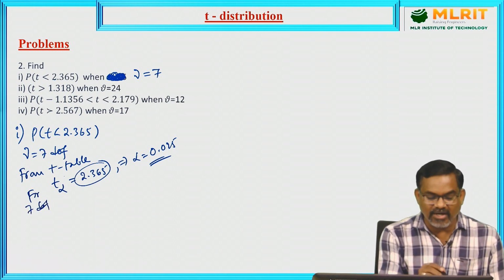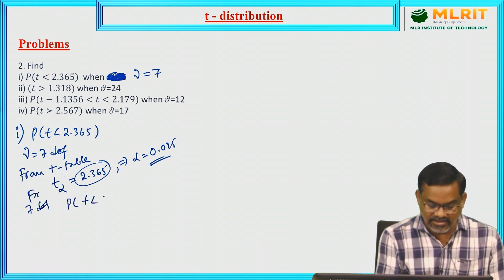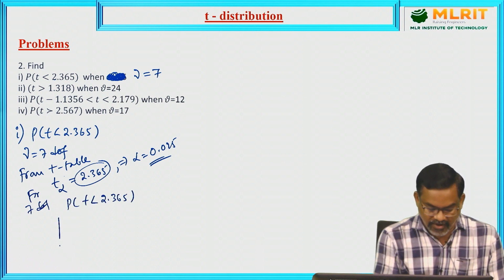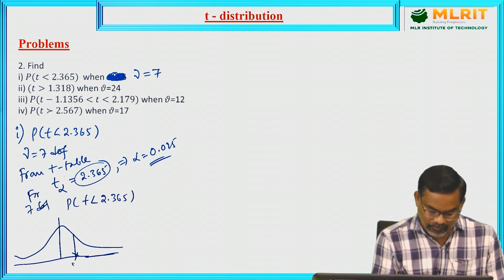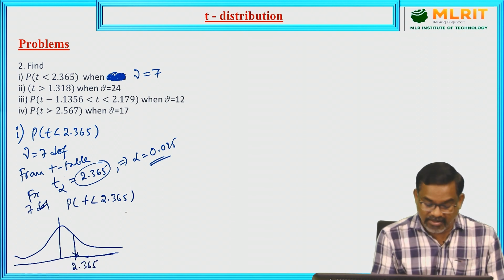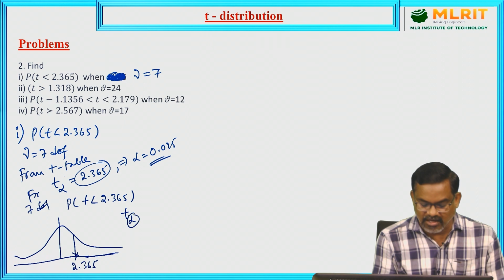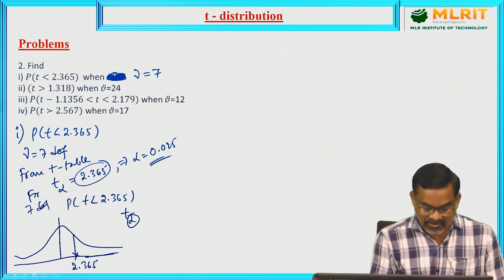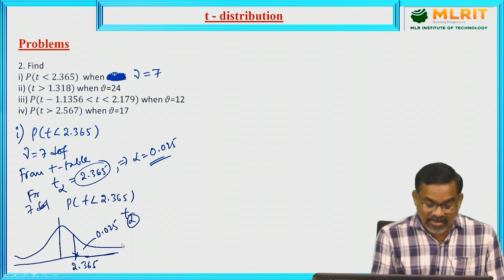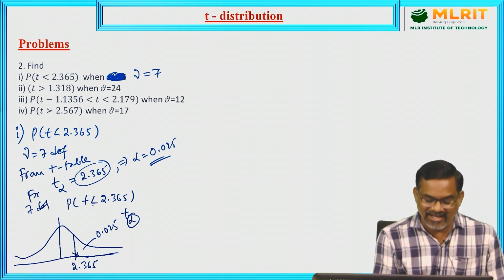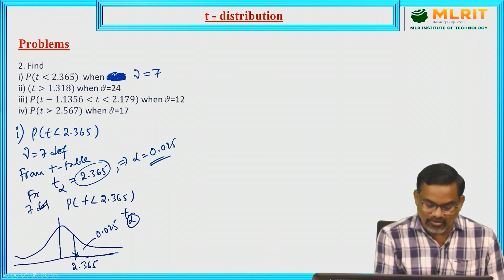But what is required to find? Probability of t less than 2.365. To find this, let us draw the t curve first and consider one point here, 2.365. In t alpha, alpha denotes the area to the right side of that t. So, this is the area 0.025, but it is required to find the area to the left side of that t value.